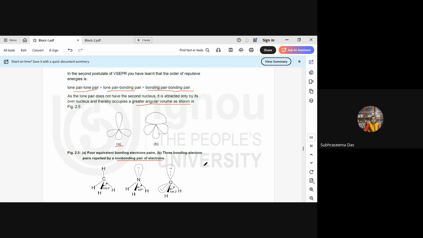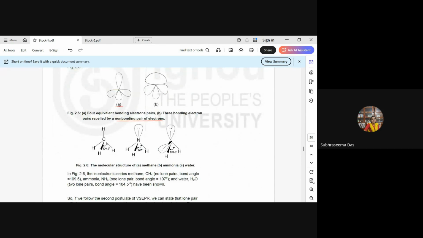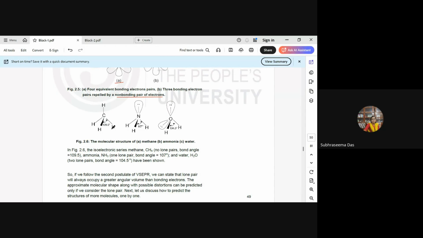So the angular volume of a lone pair is greater in comparison to the bond pair, and that is why in methane the bond angle is 109 degrees 5 minutes. For ammonia, it is 107 degrees, and for water, which contains two lone pairs of electrons, it is 104.5 degrees. As the number of lone pairs increases in the molecule, the angular volume of the lone pairs also increases, and therefore the bond angle is affected.